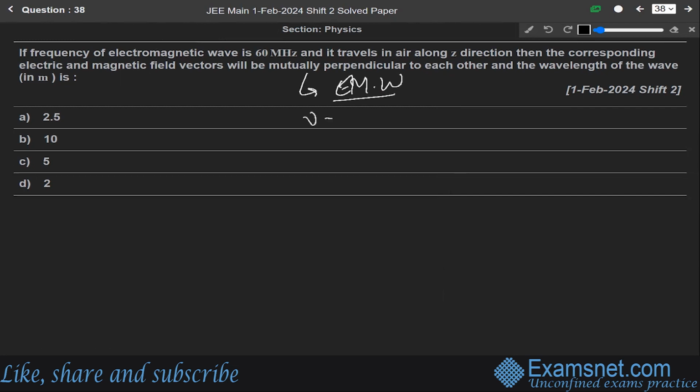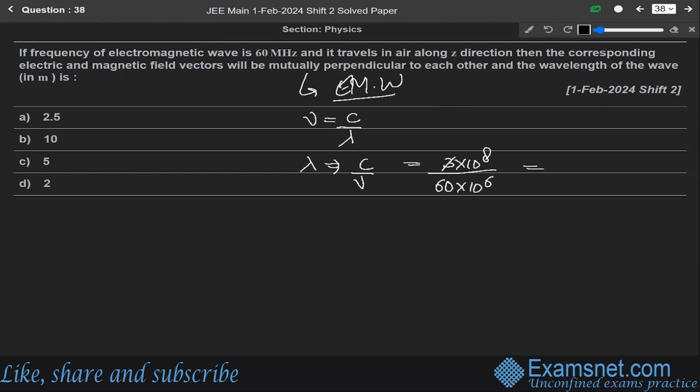We know that nu equals c over lambda. So we have to find lambda. Lambda equals c over nu, where nu is the frequency. C is 3 into 10 to the power 8, and frequency is given as 60 megahertz, meaning 60 into 10 to the power 6 hertz.